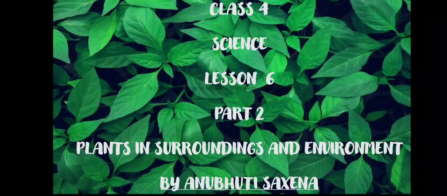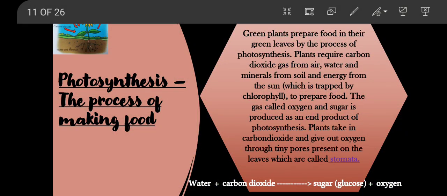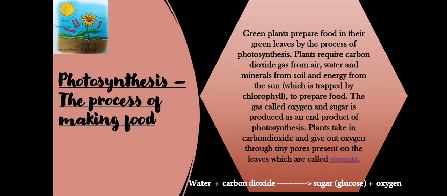Today I'm going to start chapter 6, Plants in Surroundings and Environment, part 2. Let's start. As we know, we had studied the parts of the plant.